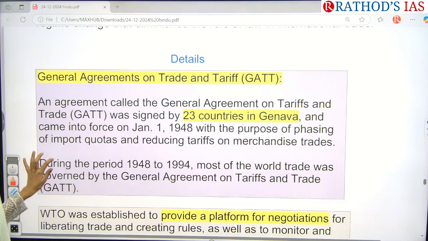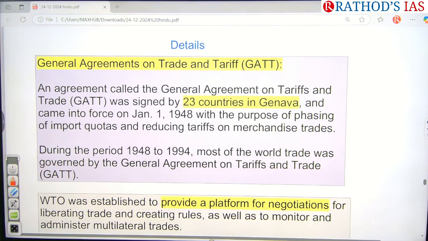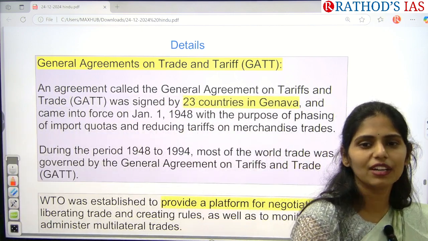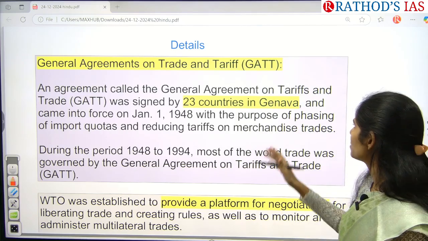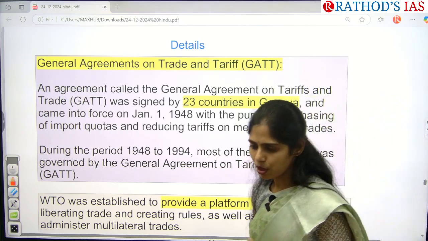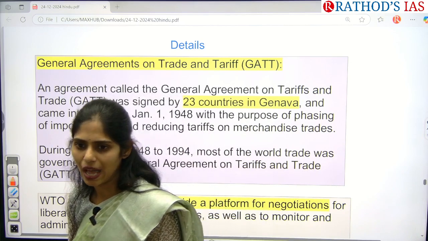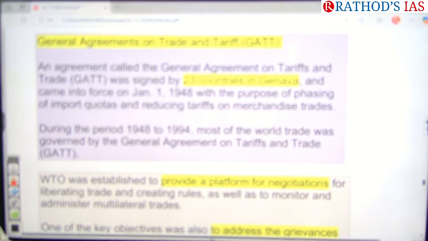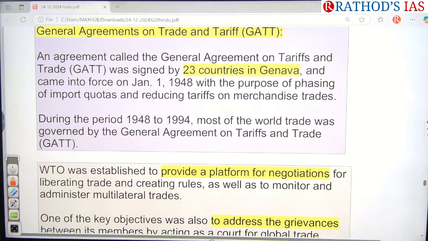Actually, after the WTO was formed, we came up with this GATT because many countries were imposing trade barriers as well as tariffs, so proper free and fair trade was not happening. Because of this, 23 countries signed the GATT agreement and it came into existence from 1948 onwards.